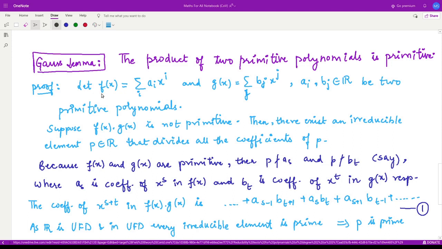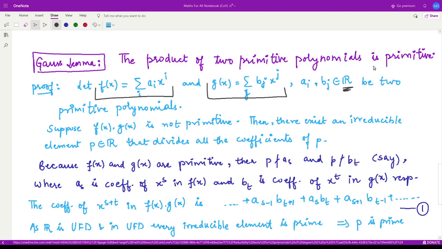So let us consider two polynomials. One is f(x), which is written as this polynomial having coefficients a_i, and let another polynomial be g(x) with coefficients b_j, right? These a_i and b_j's are from the set of integers, and we have considered these to be primitive polynomials, and we need to show that the product of these two polynomials, that is f(x) into g(x), is also primitive, right?